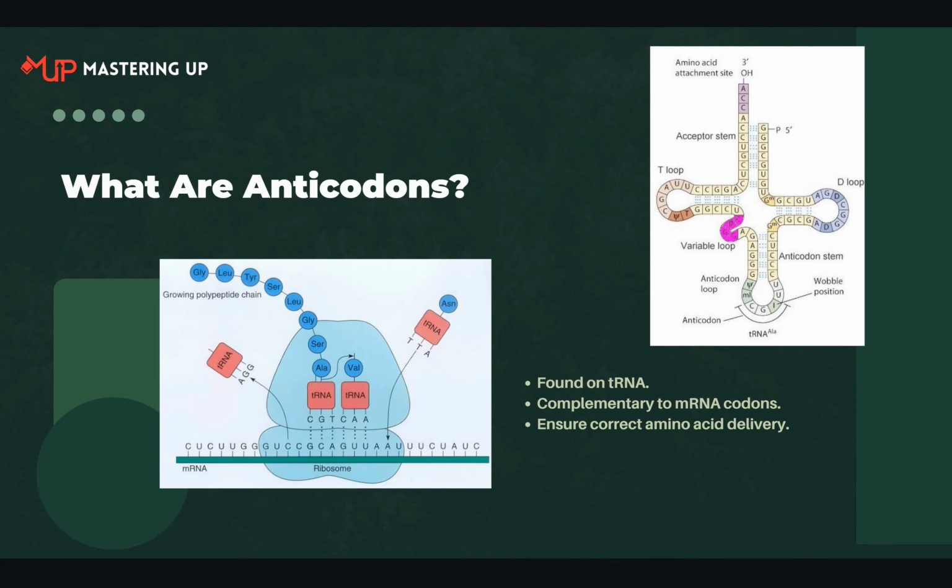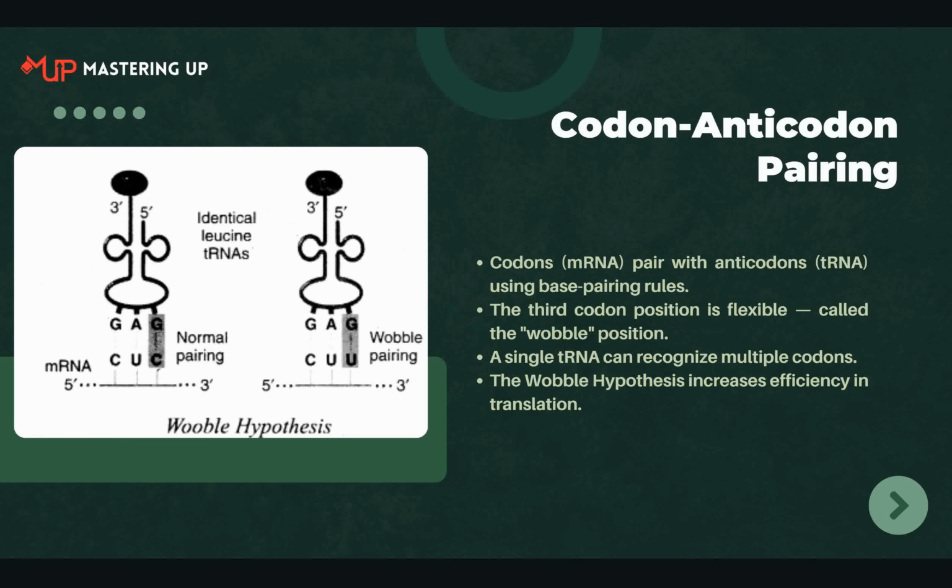So now let's see how codon and anticodon pairing works. The pairing between codons and anticodons follows specific base pairing rules. That is, adenine pairs with uracil and guanine pairs with cytosine.